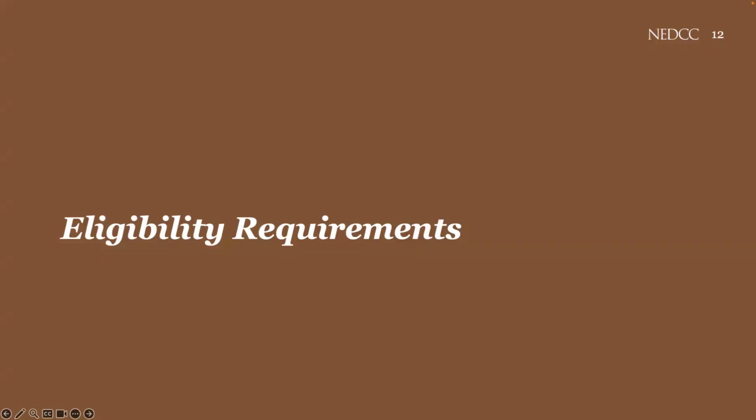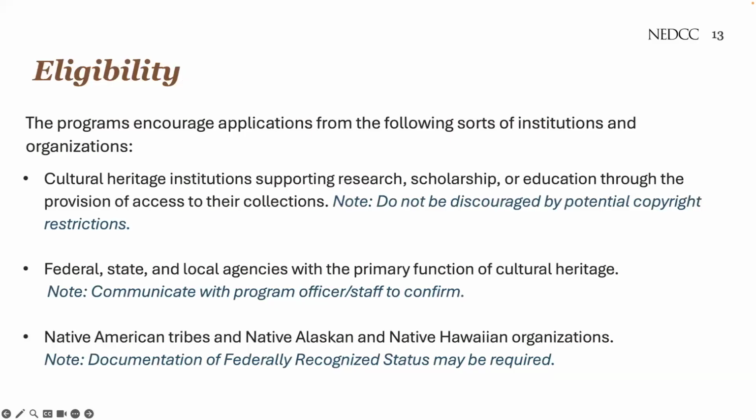All right, so let's look at eligibility requirements for the grants that we're talking about today. For any grant, you'll want to check the eligibility of your project as well as your institution. Most likely, if you have audio recordings to preserve, your institution is eligible.